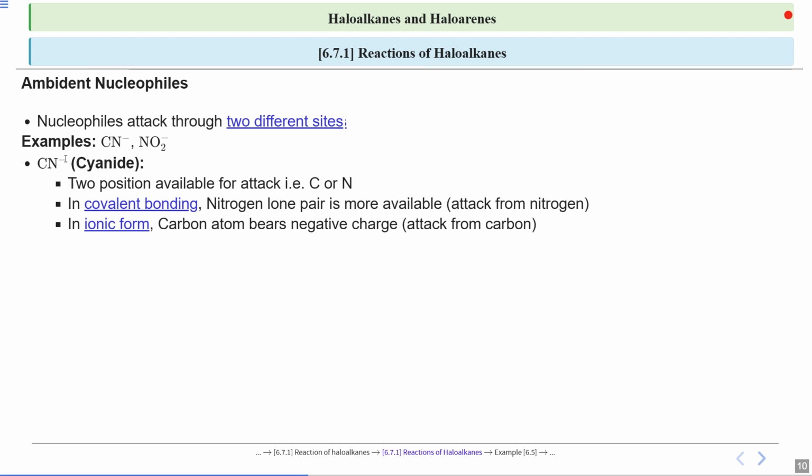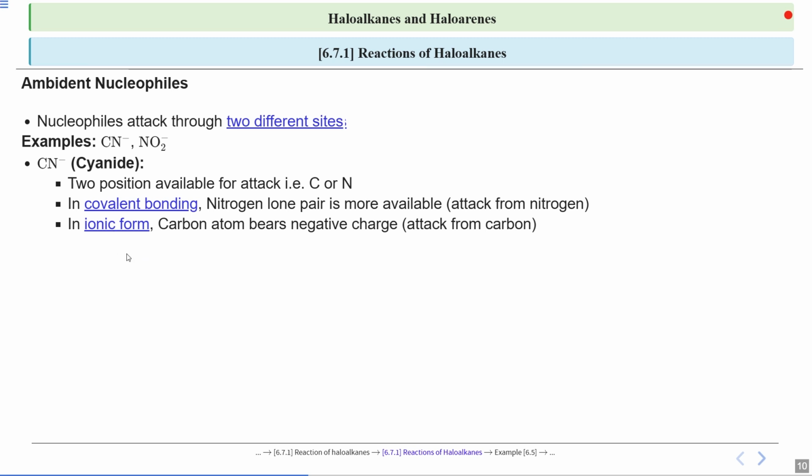Okay, so if you see the cyanide ion, it can exist in two structures. First of all is C negative triple bond nitrogen, and you can also say C double bond N negative, or C positive double bond N negative, right? So when the linkage forms through carbon, they will form alkyl cyanide, and when the linkage forms through nitrogen with the carbon of the alkyl group, then they are going to form isocyanides.